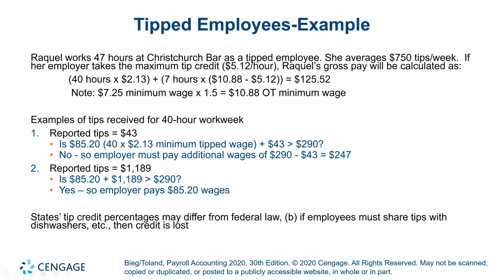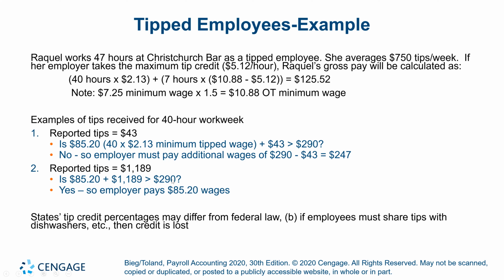And the answer is no, right? 40 times 2.13 equals $85.20, plus 43 equals $128.20. So again, that's not greater than the 290. So the company would have to pay the difference there.